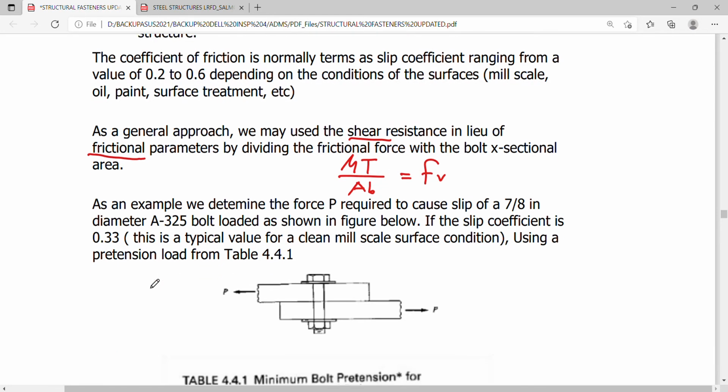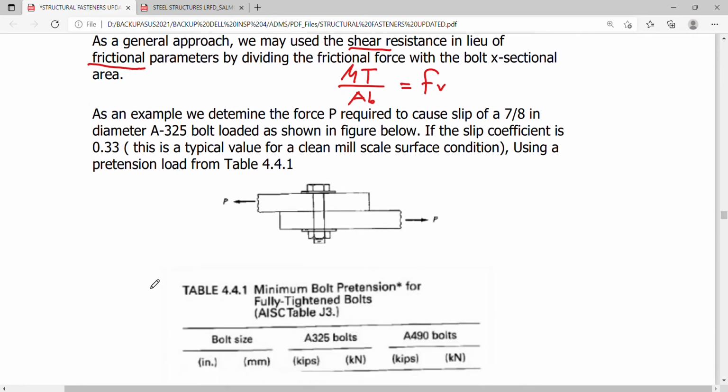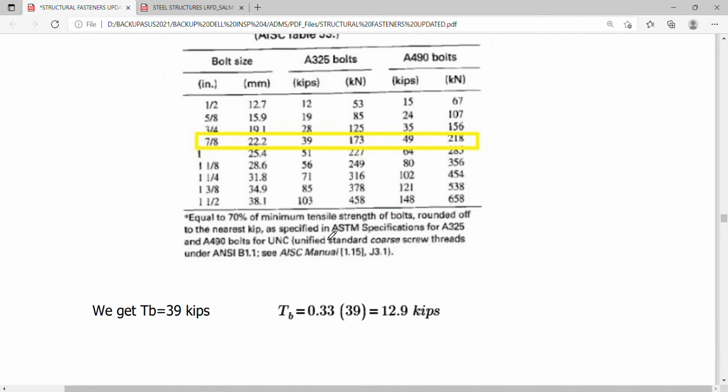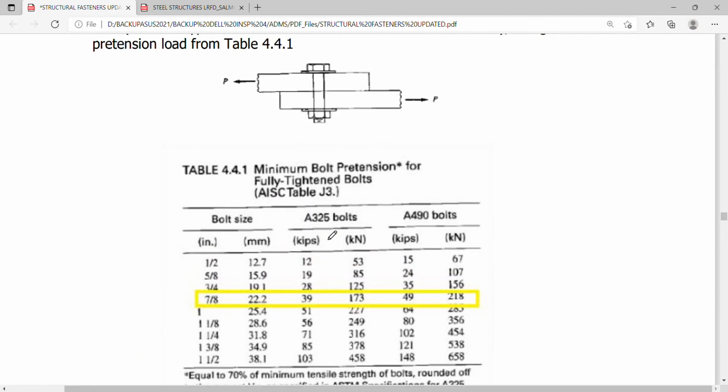So using the pretension load from table 4.4.1, this is the table that I introduced to you in the earlier videos, wherein our bolt tension for a 7/8 inch diameter is 39 kips.